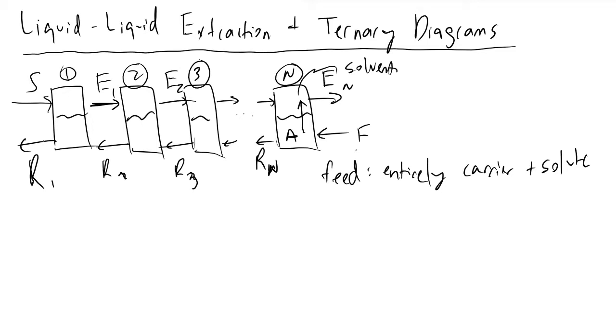This is a way of maximizing the concentration profile within our system to maximize efficiency and minimize the number of trays that we will need.